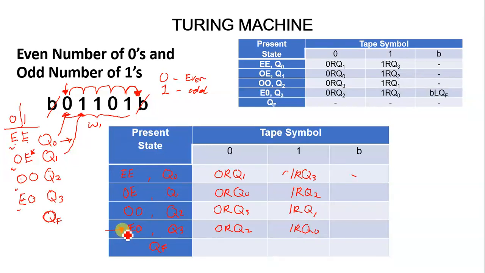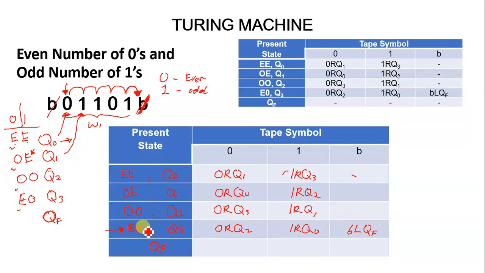So once we are at this state and we read the blank symbol, that means the end of our input. So we read blank, then we move left, and then we will go to the final state.